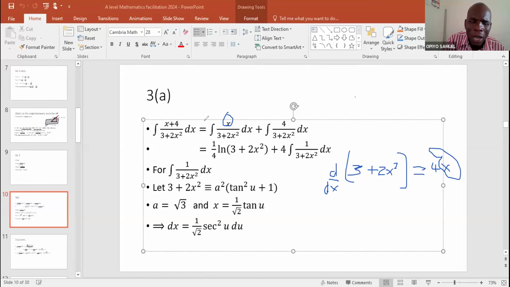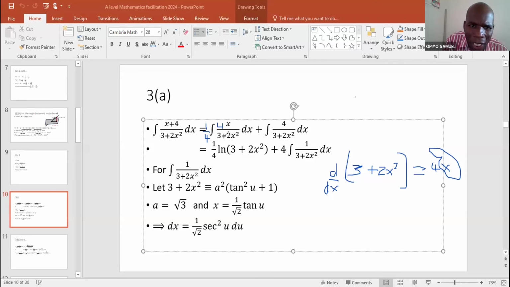To insert a 4, we use a technique called do nothing: we multiply by 1, and our 1 is written in the form of 4 over 4. So I can take this 4 inside, and I remain with 1 over 4.